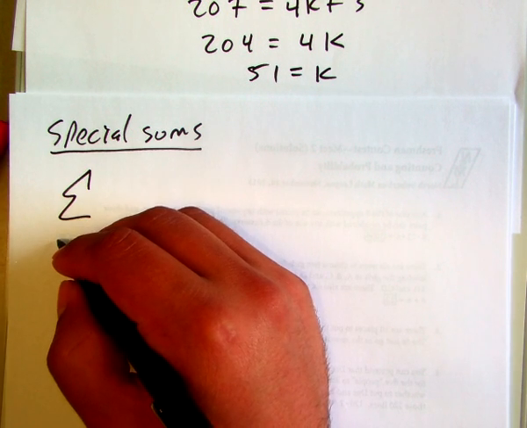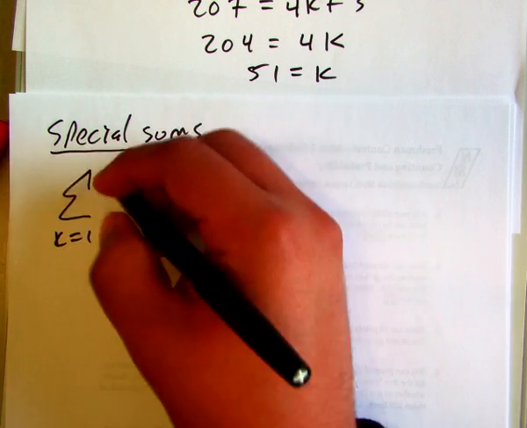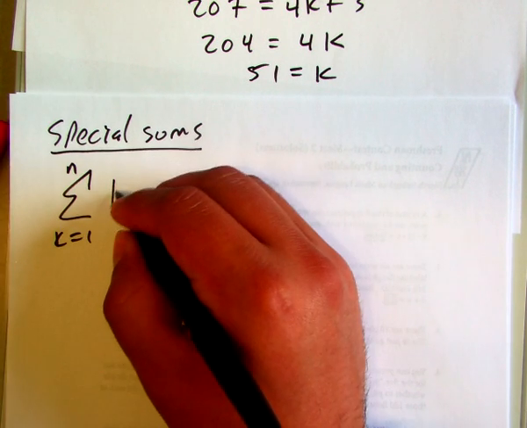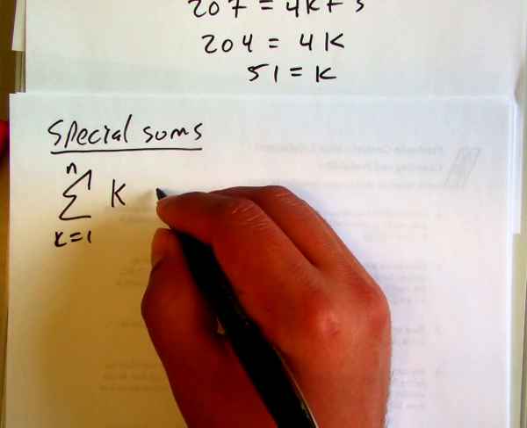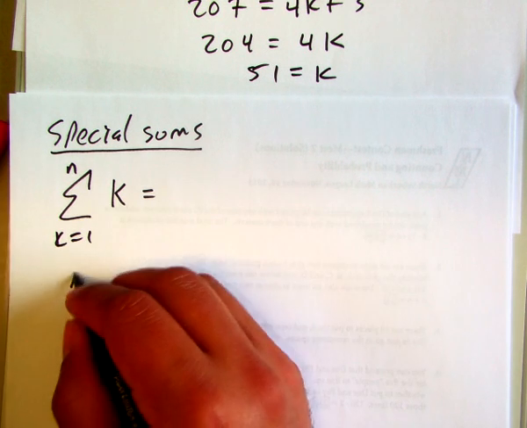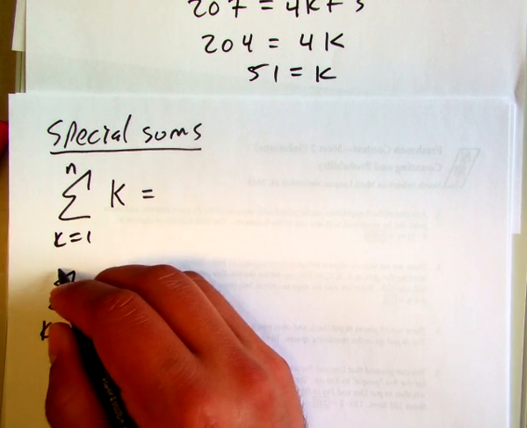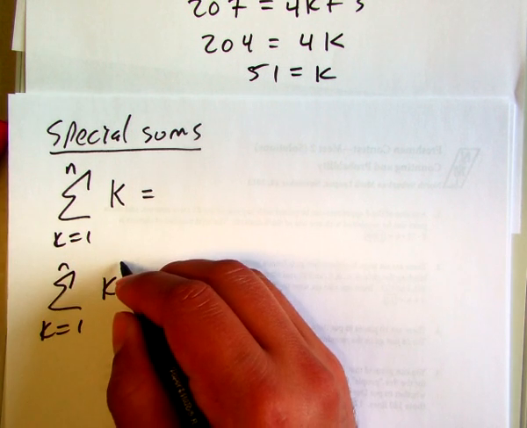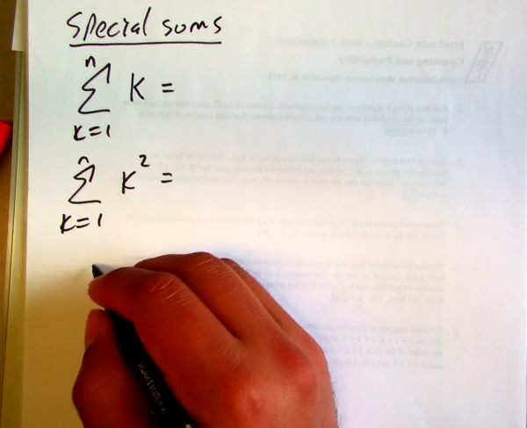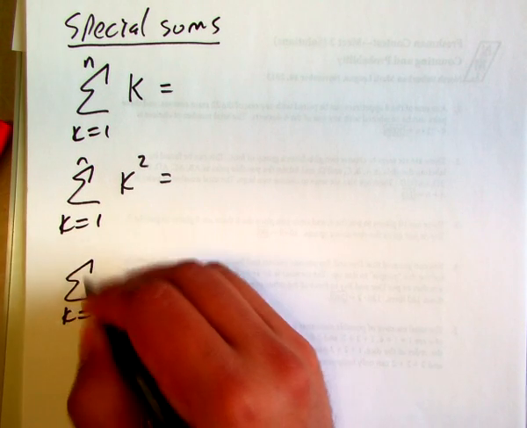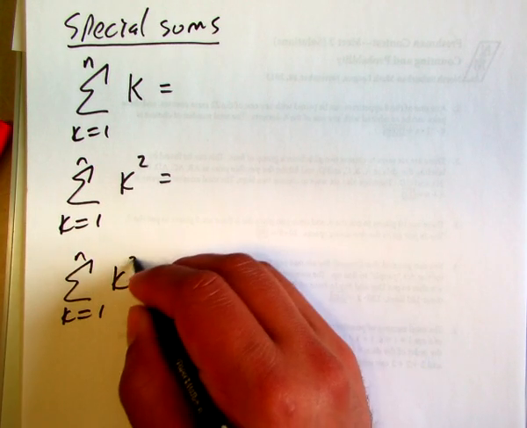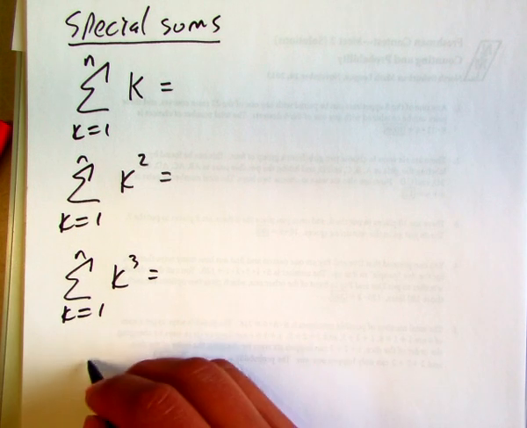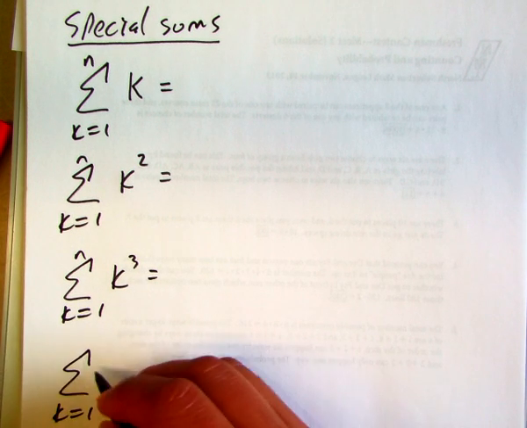Let's say I have the sum from k equals 1 to n of k. From k equals 1 to n of k squared. From k equals 1 to n of k cubed. And the last one, from k equals 1 to n of just 1.